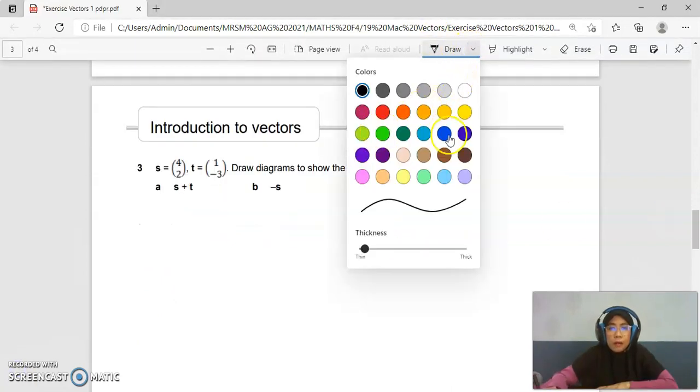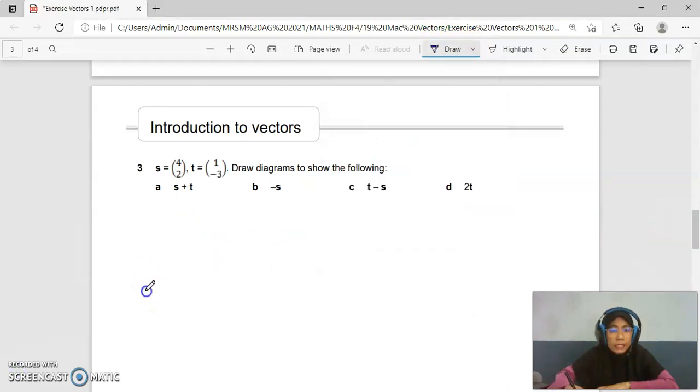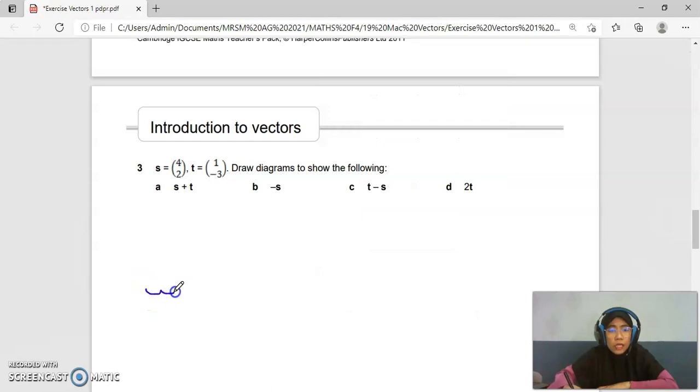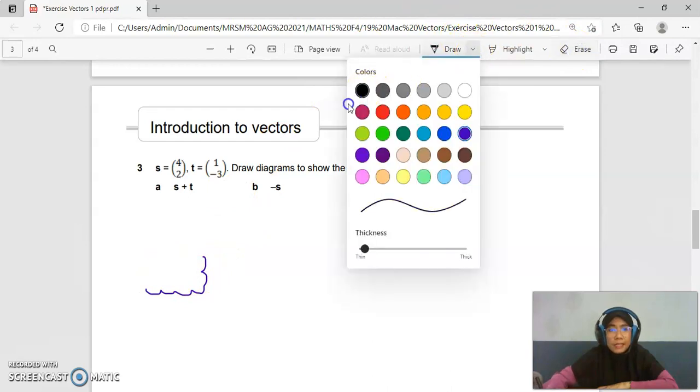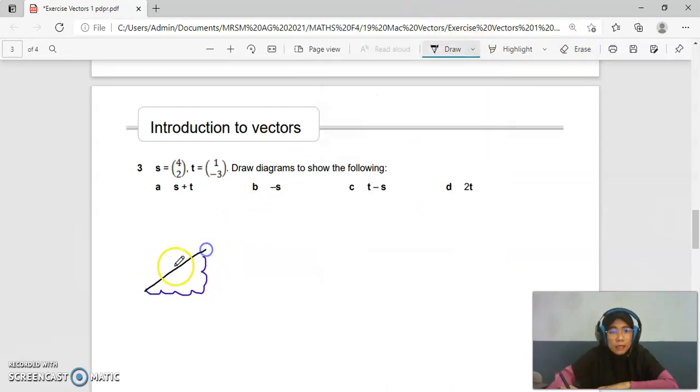So we draw the vector s: 4 to the right, and then 2 upwards. So that is the vector s. I will draw it with another color. You can see that this one is 4 and this one is 2.